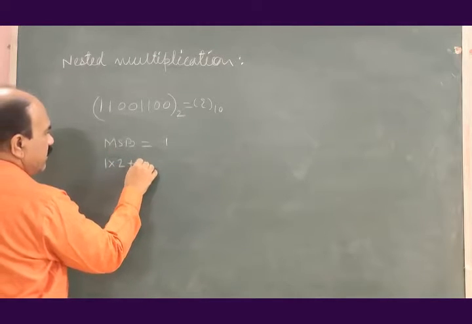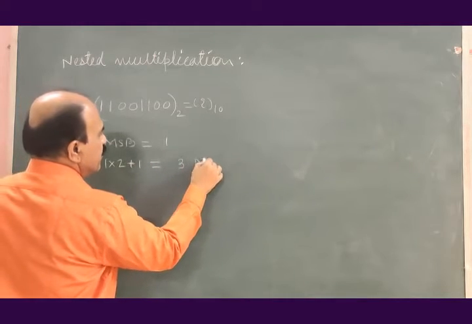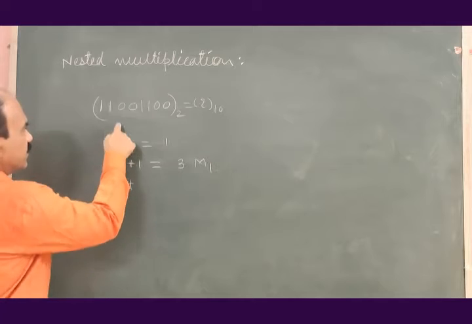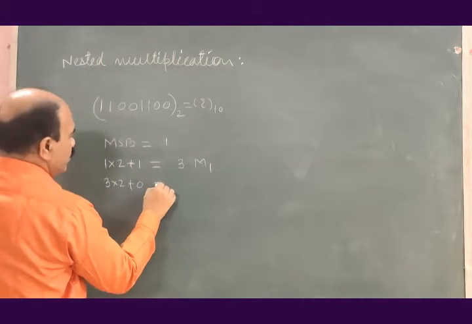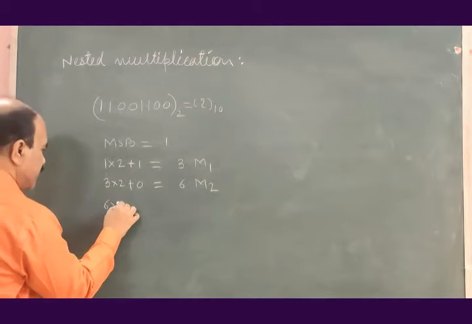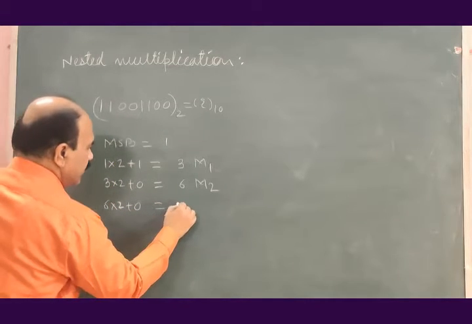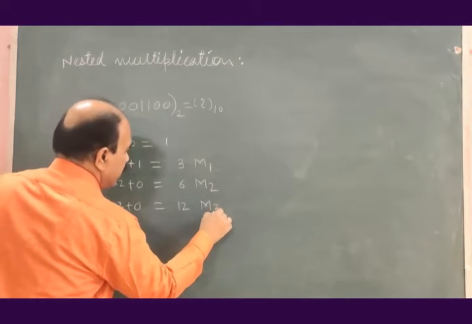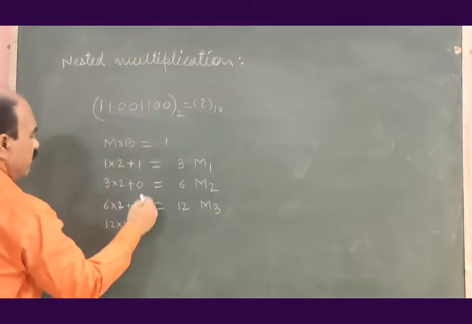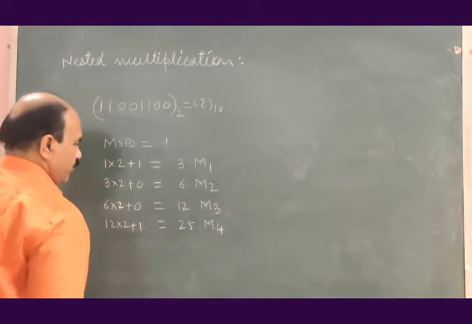Second MSB is 1. 1 into 2, 2 plus 1, 3. This is M1. Then 3 into 2 plus next MSB 0. It is 6. M2. 6 into 2 plus next MSB again 0. It is 12. M3. 12 into 2 plus next MSB 1. It is 25. M4.